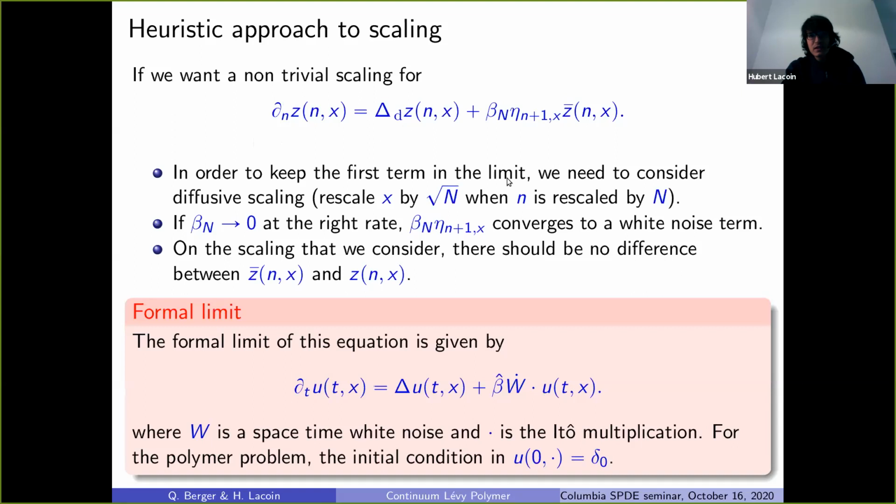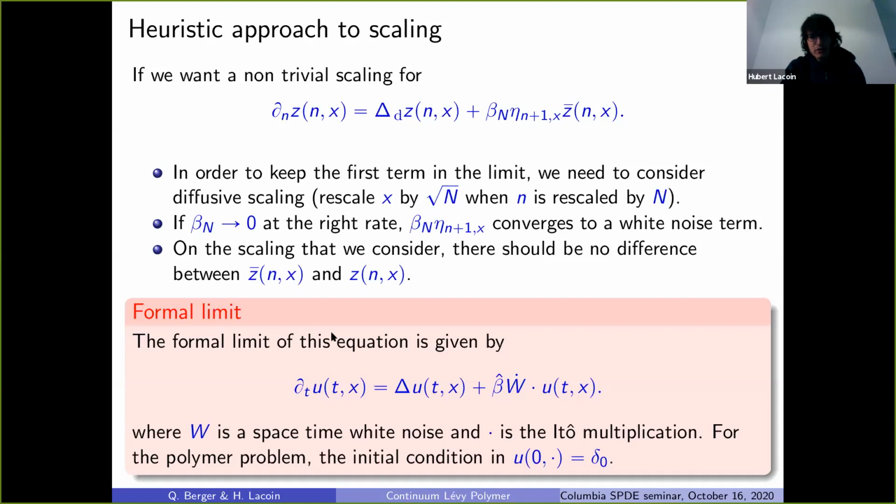Now, if we rescale beta to 0, this beta eta term, because the etas are IID random variables, should converge to a noise term. And somehow in this limit, one can expect that having Z or Z bar shouldn't make much of a difference.